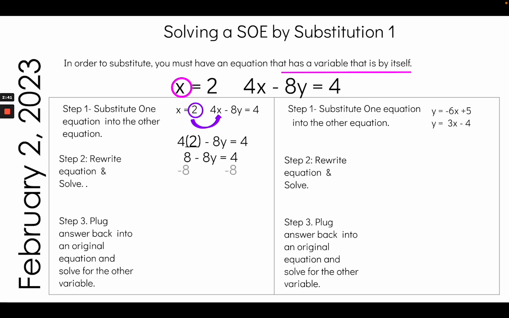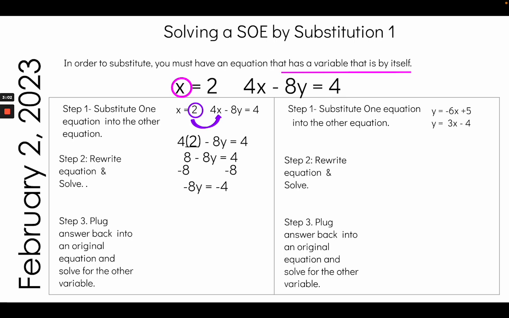So we're going to get rid of minus 8 on both sides, and this is the opposite operation. This is a positive 8, and so we need to get rid of it using the opposite operation, which is minus 8. We're going to end up with negative 8y equals negative 4.